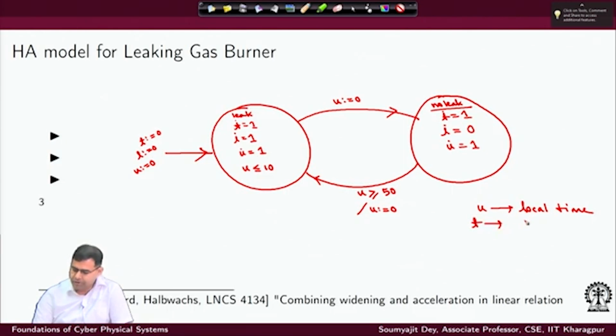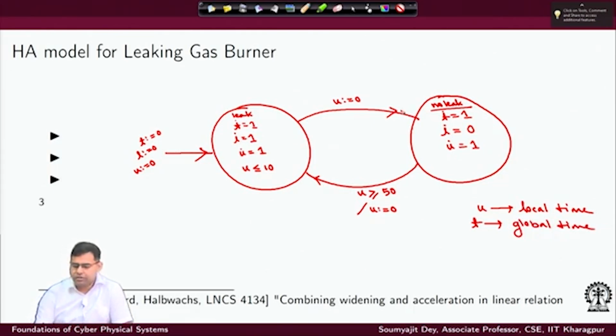T is kind of the global time, because that is why you see that T dot is always 1. Initially, when I start that automata, I am having all of them, T, L and U, reset to 0, but after that T is never reset. So, T is kind of the global time. Why do I say U is the local time?